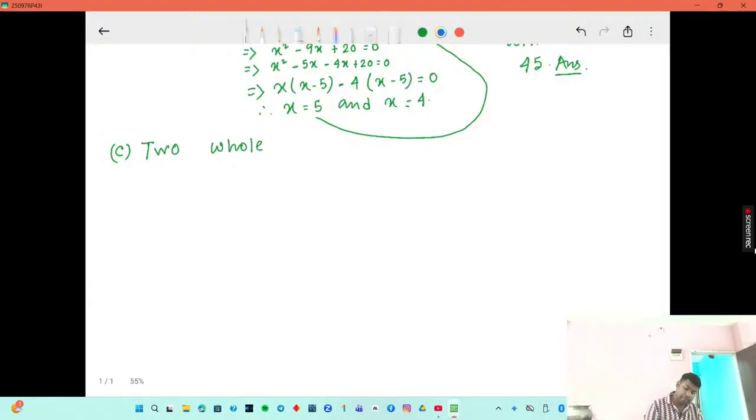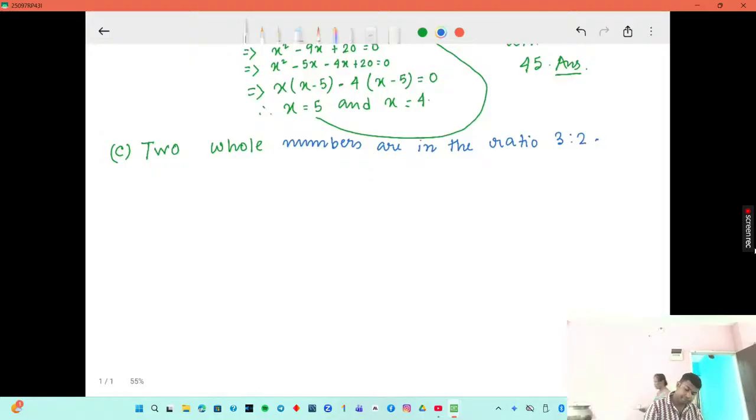Two whole numbers are in the ratio 3 is to 2.